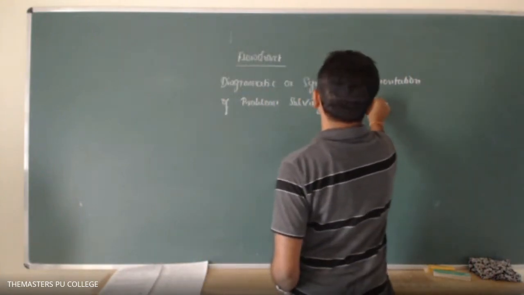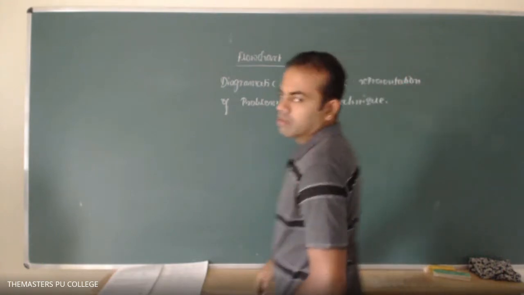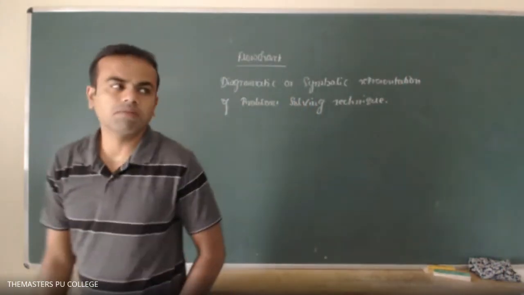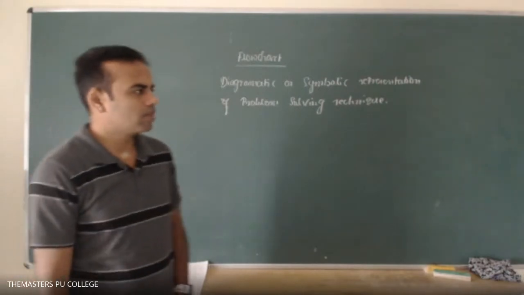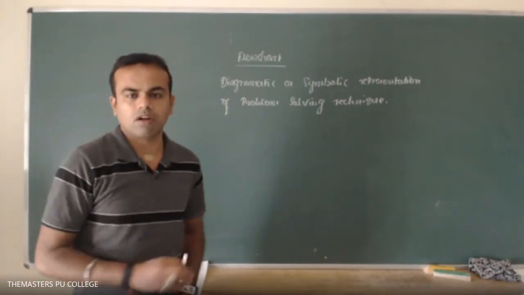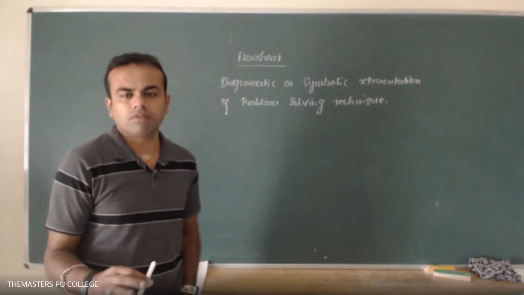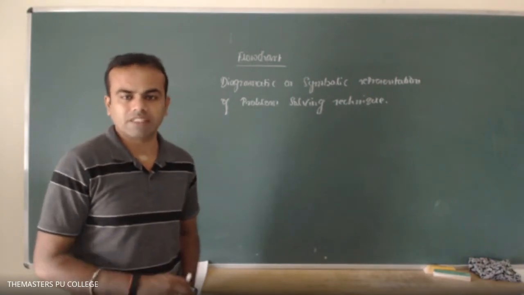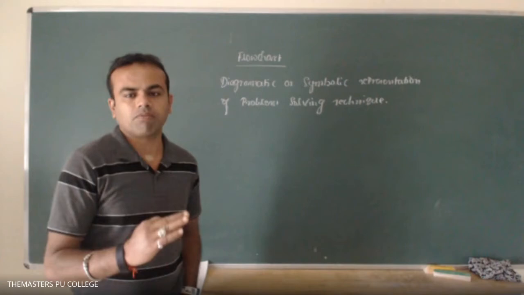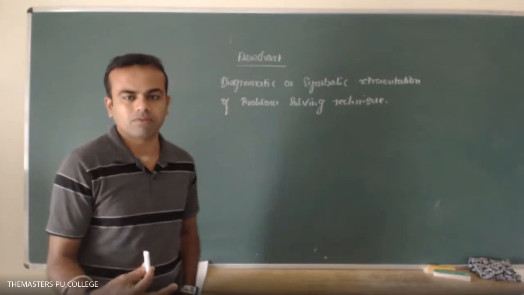Right? So until here, we have discussed the problem solving technique, that is algorithm, the step-by-step procedure of solving any problem. Okay, it's a kind of problem solving technique. Step by step we are going to solve any problems, right?